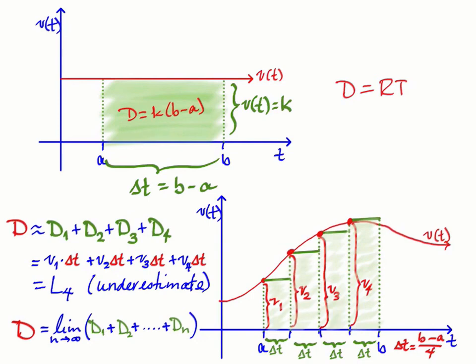And that would actually be a definite integral. All right, so I hope this helps tie together the distance problem with the area problem. Watch for more videos, more handouts, and examples, and I will see you next time.